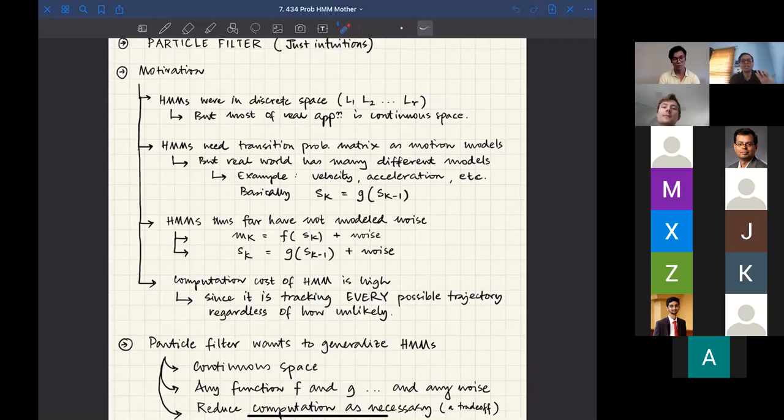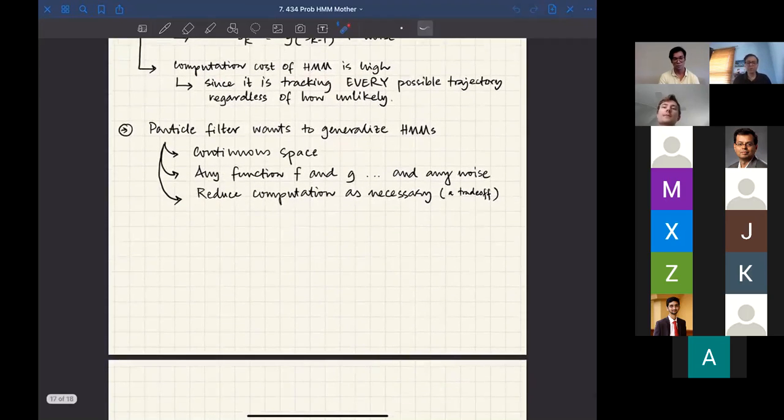I want this general Bayesian inference technique to have all these properties, where I can scale up and scale down the accuracy of the tracking based on how much computation power I have. Okay. So this is where the particle filter becomes interesting, where it generalizes HMMs in the following way. It can be continuous space.